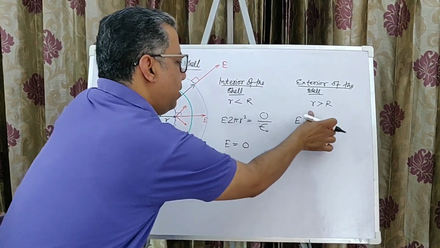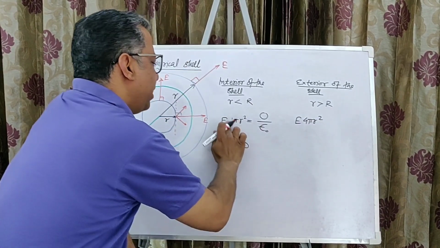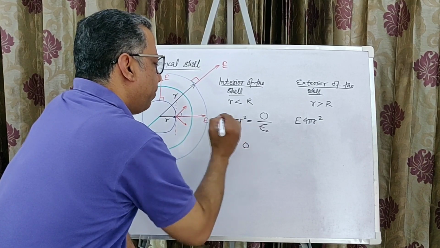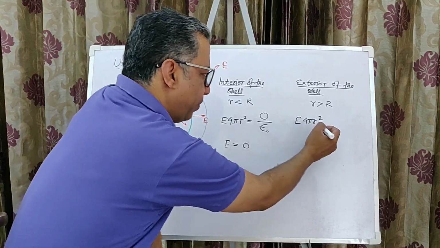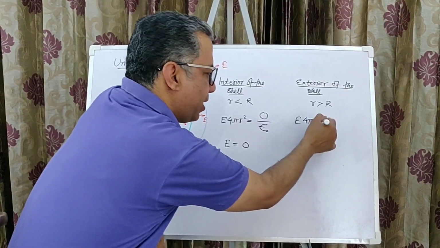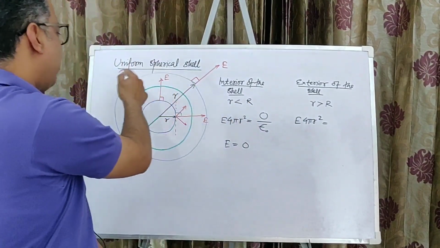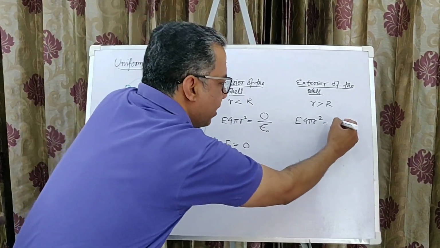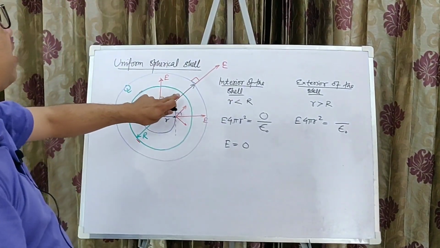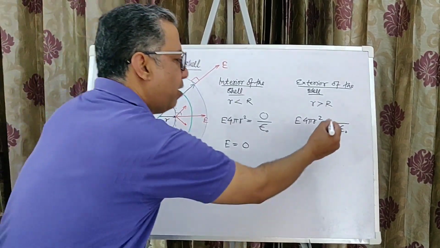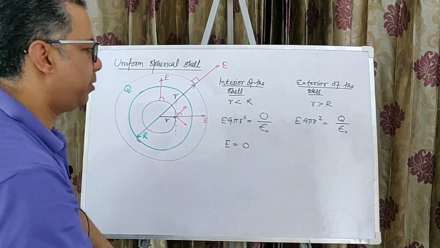4 pi r square. In fact, it should have been 4 pi r square here as well. Here it didn't matter because it was going to be 0. 4 pi r square, that's the surface area of a sphere. E times the surface area of this sphere, that's the total flux, equals the enclosed charge by epsilon naught. Now the entire charge of the shell is enclosed inside, and therefore we have Q by epsilon naught.